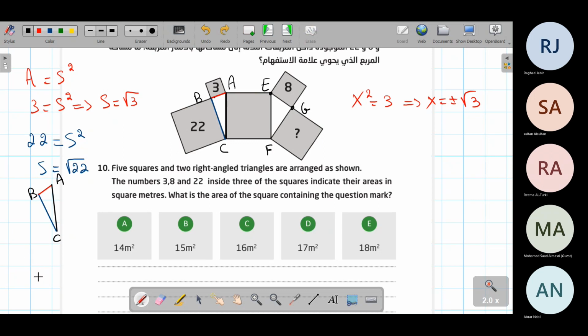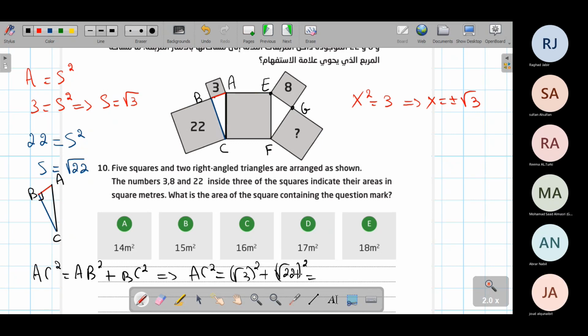So, I will write A squared plus B squared equals C squared. So AC squared here equals to what? AB squared plus BC squared. So AC squared equals radical 3 power 2 plus radical 22 power 2.